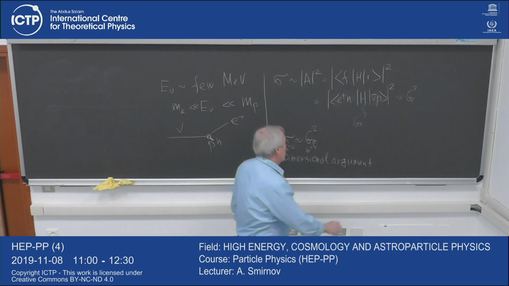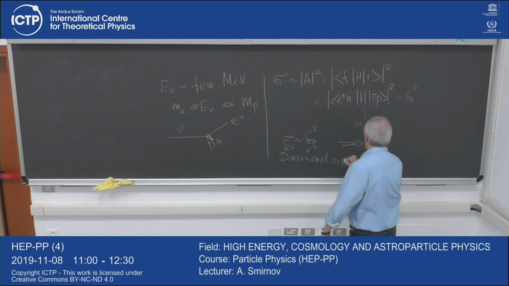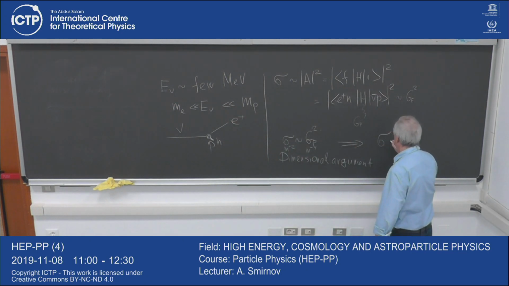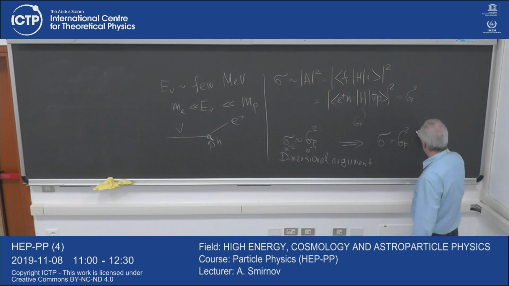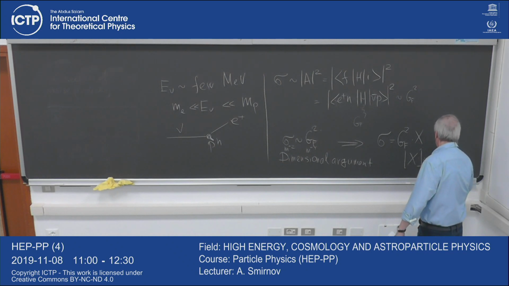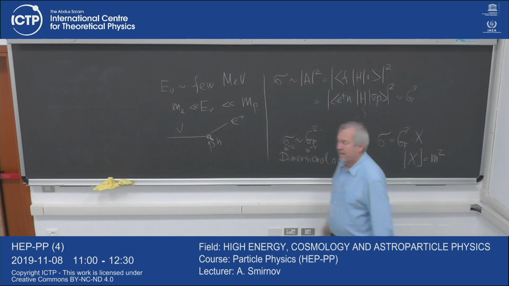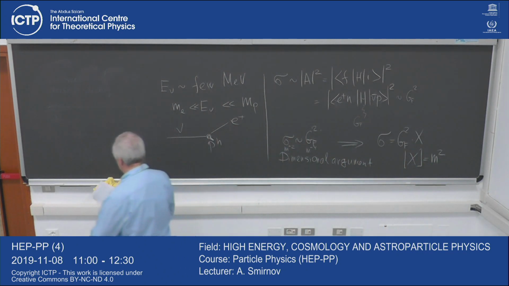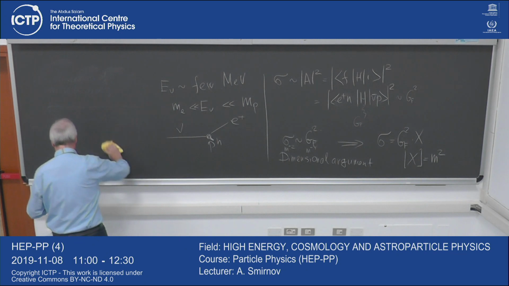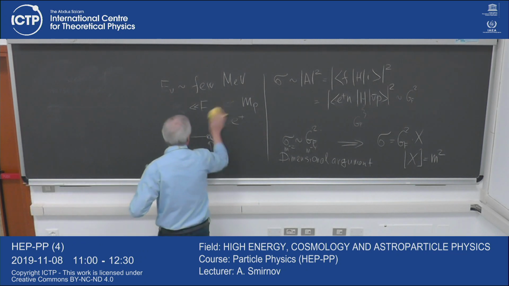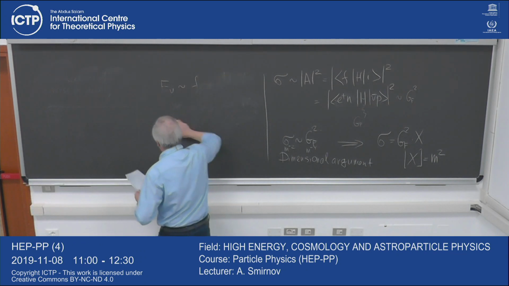And therefore the cross-section should be G Fermi squared multiplied by some quantity, and this quantity has dimension mass squared, right? So it's the dimension of mass or energy squared.